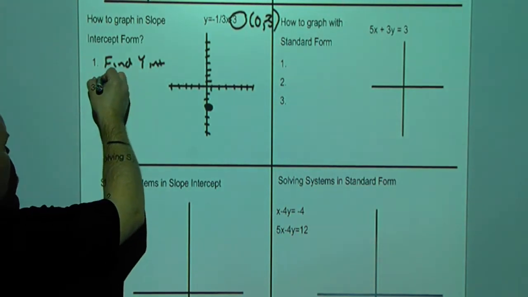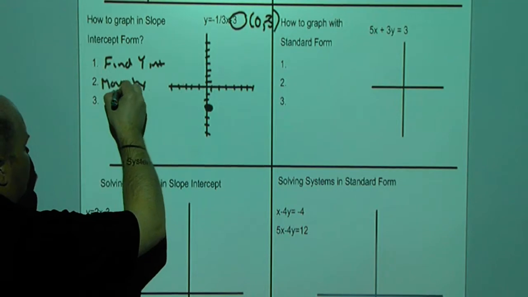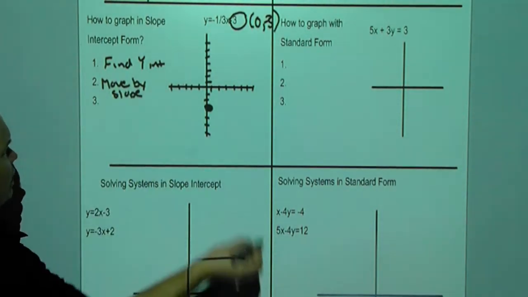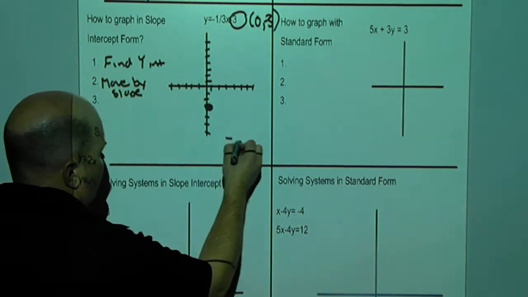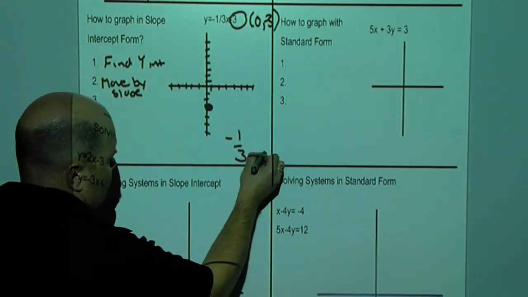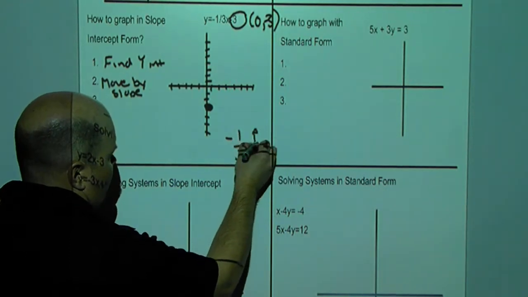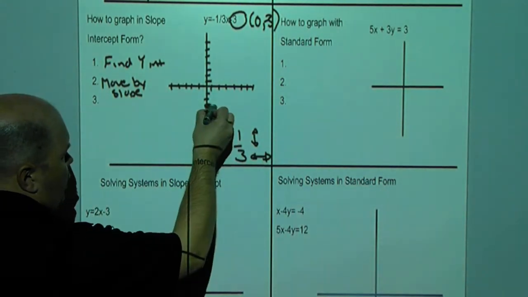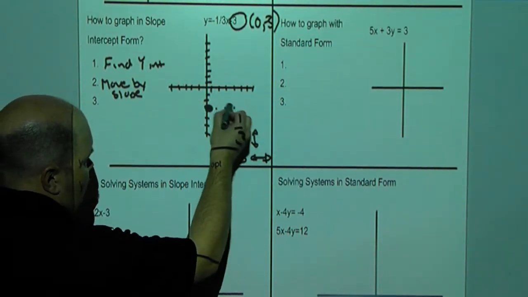Then I'm going to move by my slope. My slope in this case is -1 over 3, where this is my horizontal movement, and this is my vertical movement. So I'm going to go 1, 2, 3 to the right, and 1 down.